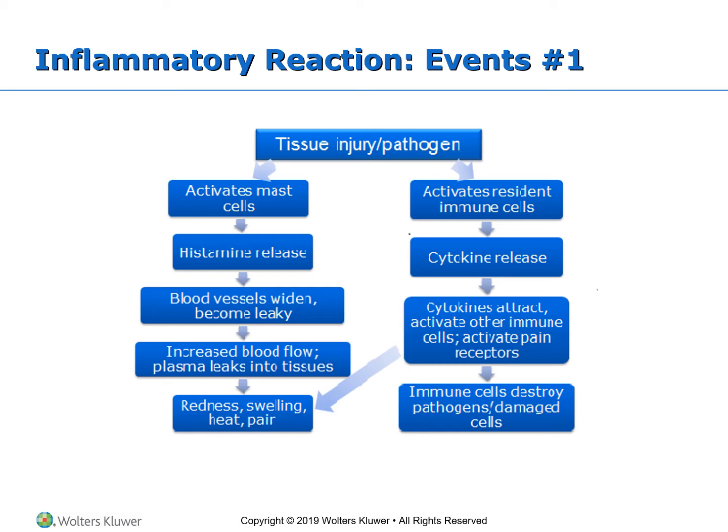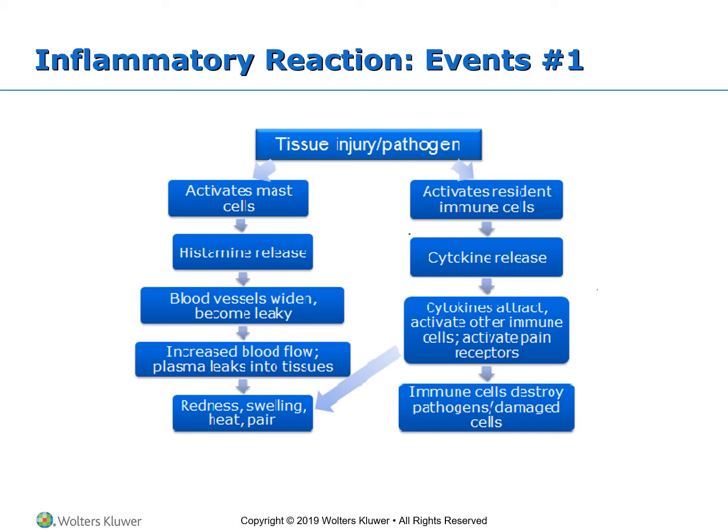As a result of the leakiness of the capillaries, there will be an increased blood flow with plasma leaking to the tissues. And in terms of clinical aspects, what we will see on the outside when we examine the patient, we'll see the redness, the swelling, the heat, and the pain.